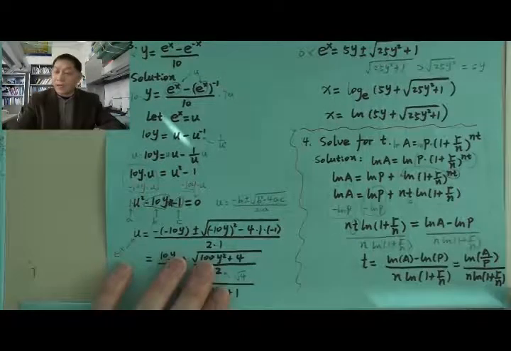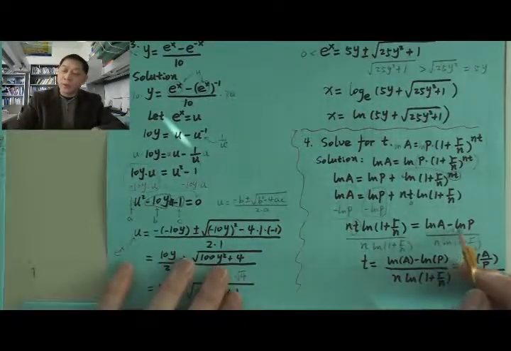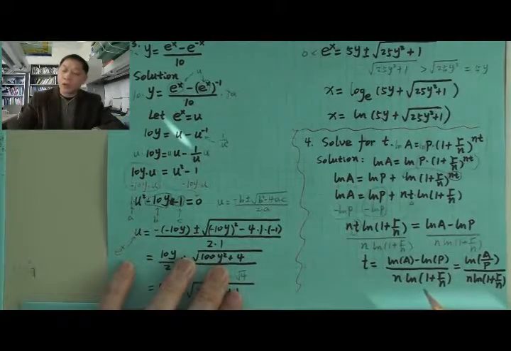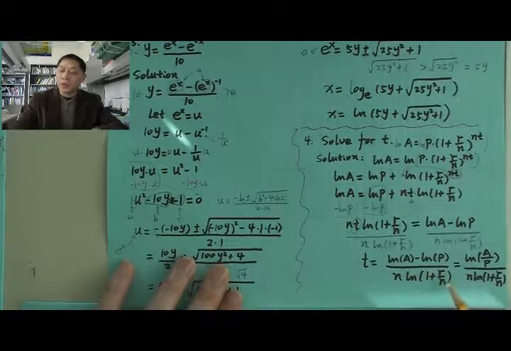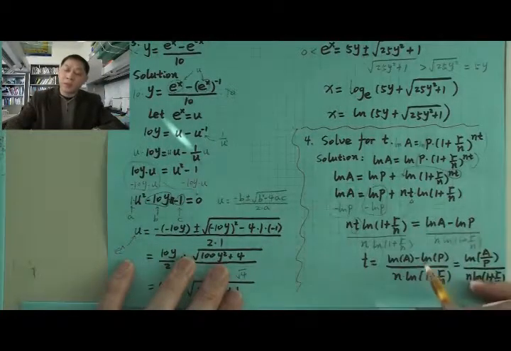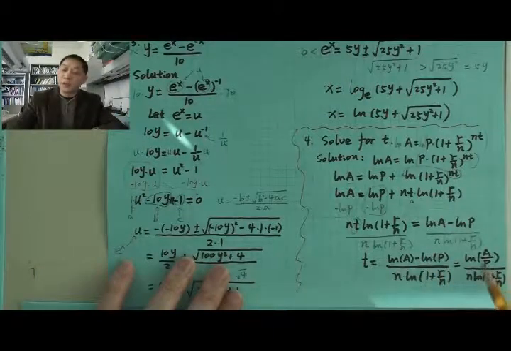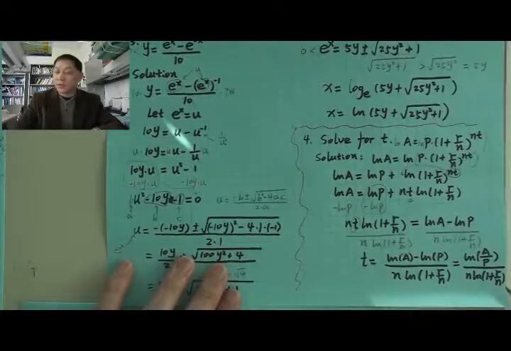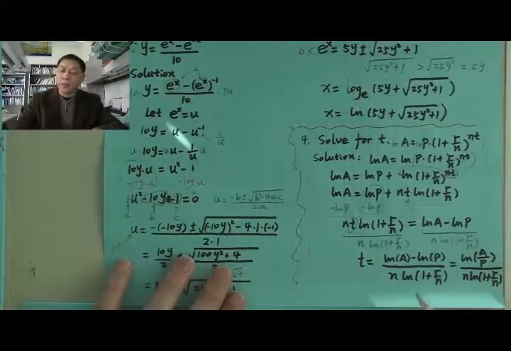The right hand side is natural log A minus natural log P divided by this big quantity, n times natural log of 1 plus r over n. This might be your final answer. Remember, here is subtraction. You can also write it as a division: natural log of A divided by P, and you keep the denominator the same, n times natural log of 1 plus r over n.